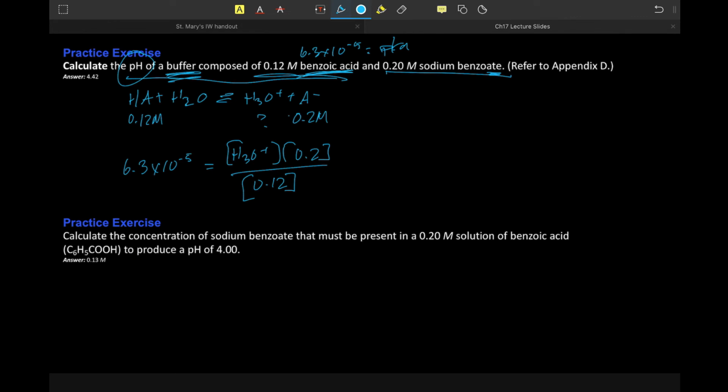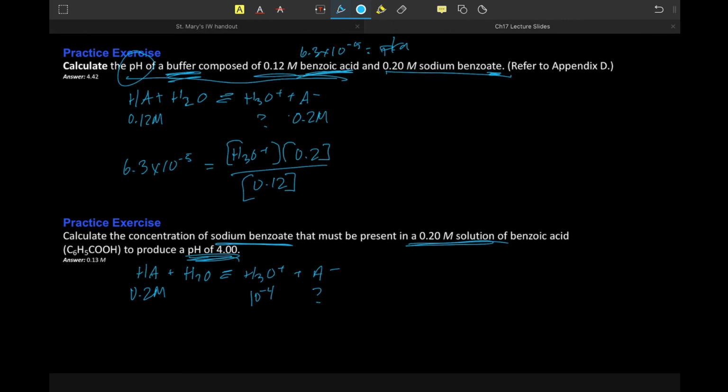All right, so calculate the concentration of sodium benzoate that must be present in a 0.2 molar solution of benzoic acid to produce a pH of 4. We could set that up the same way. HA plus H2O, and I know that 0.2 molar benzoic acid and pH of 4 means this is 10 to the negative 4, and I'm looking for A minus.